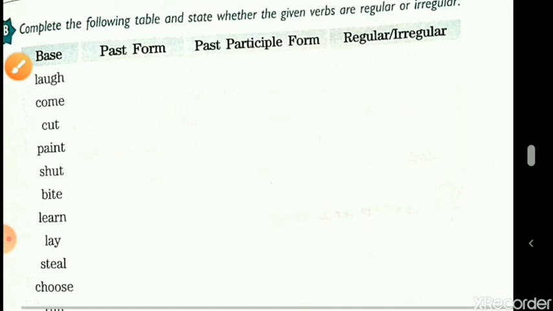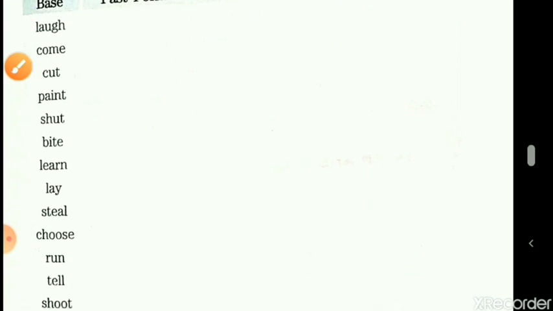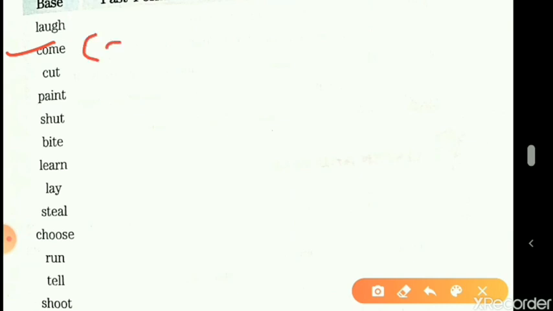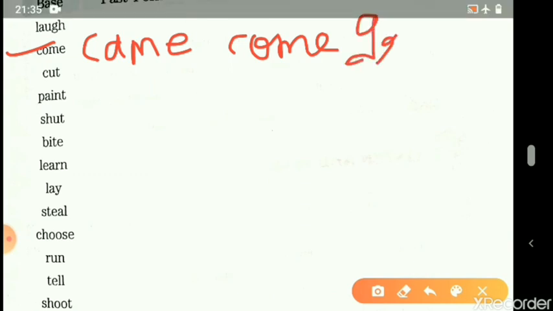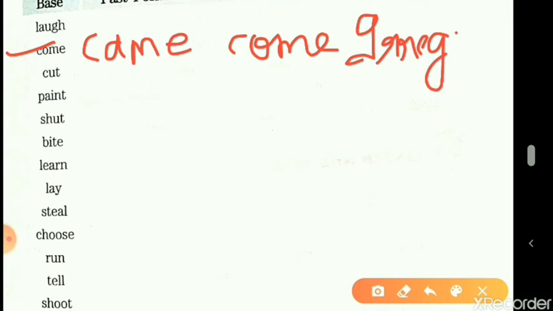Now, students, the second example is come. The past form is came and the past participle form is come. Now we haven't added ed to the past and past participle, so these are irregular verbs.